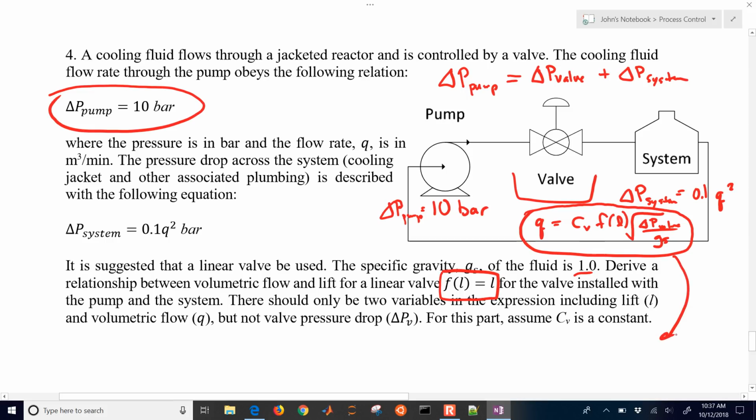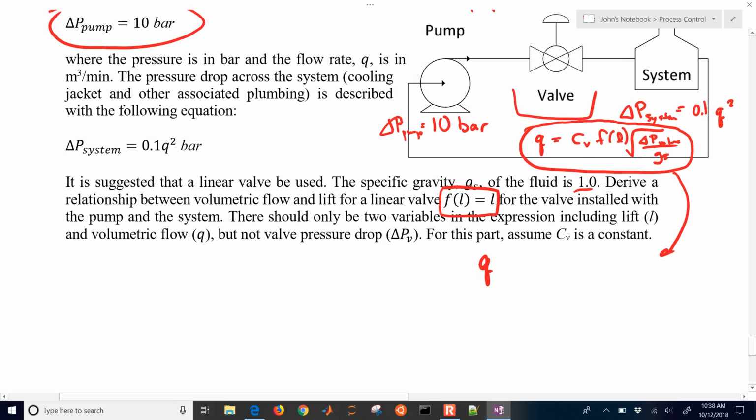Let's just rearrange this one to get delta P of the valve on one side of it. To do that, let's divide over Q, and then we'll divide over the CV.